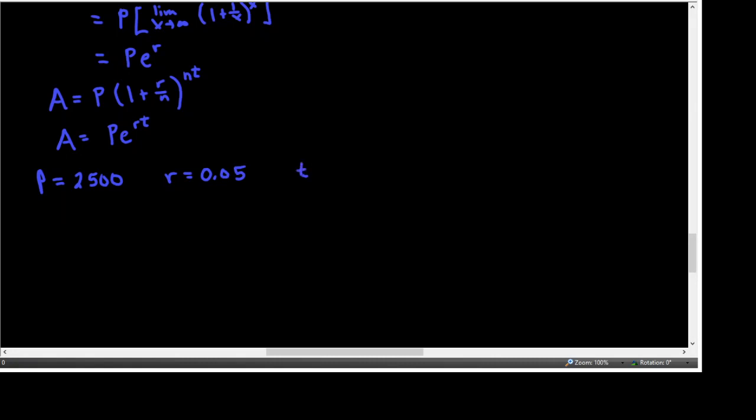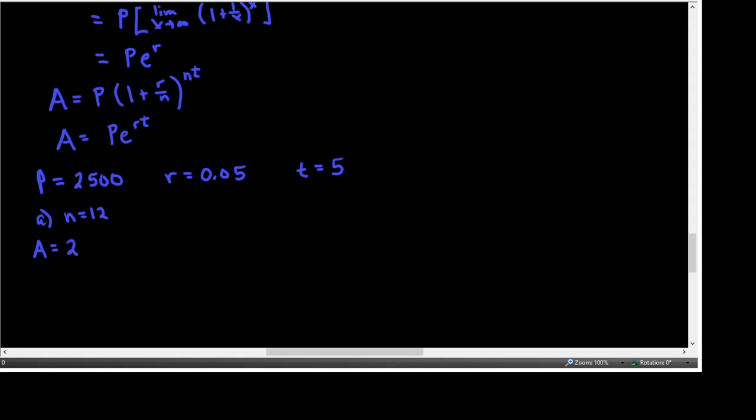So T is 5. If the interest is compounded quarterly, monthly, continuously. Okay, so monthly. For monthly, that means N is 12. And that means we're using the first of those formulas. The second one, the PERT one, is only for continuously compounded interest.